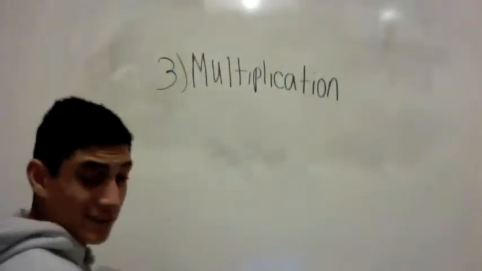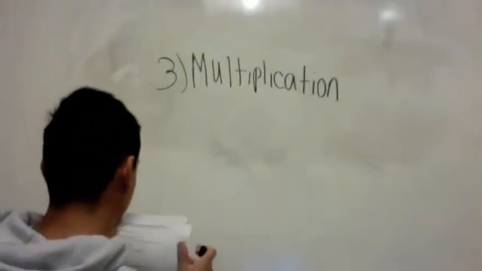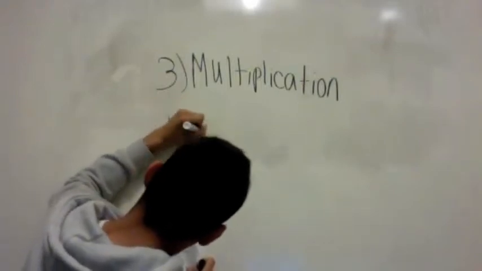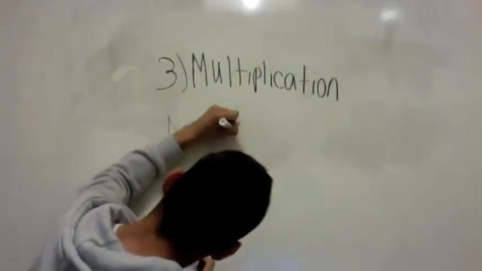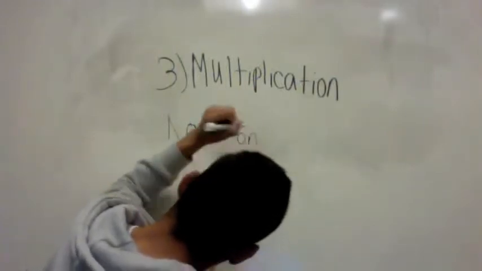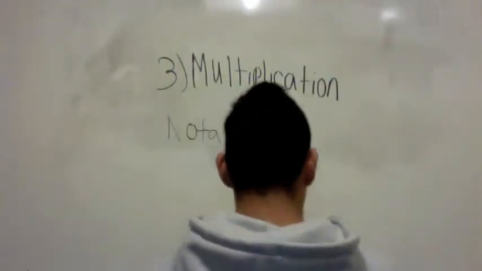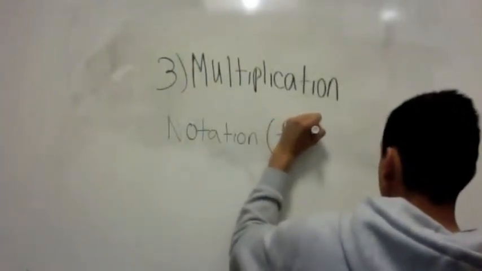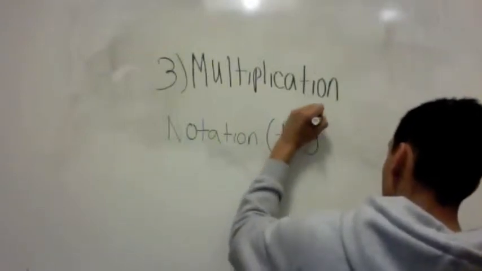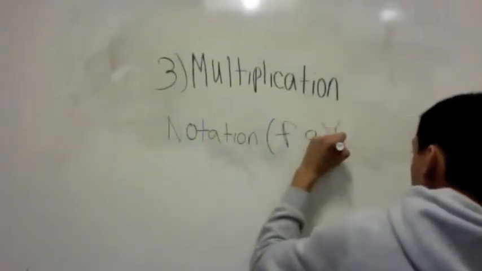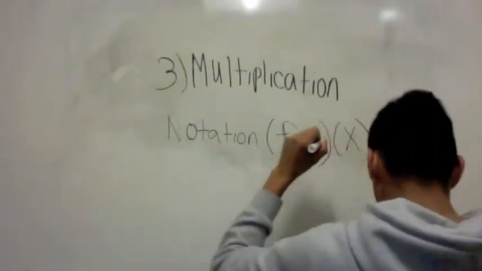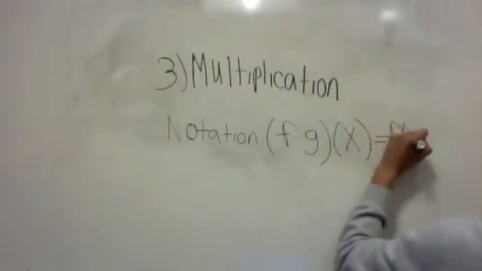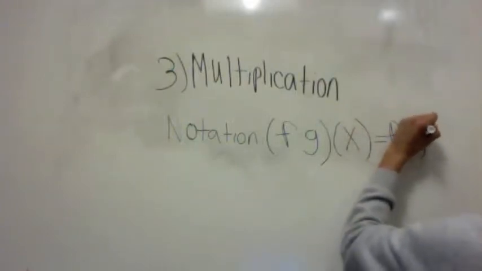The notation is as followed for multiplication. So the notation goes F times G times X equals f of x times g of x.